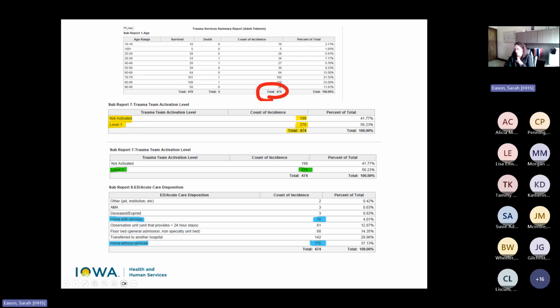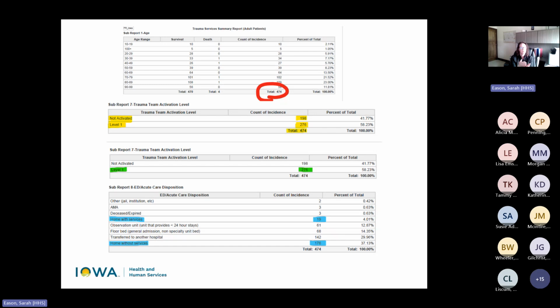Why do I need to look at all of this? Patients that met your activation criteria based on your trauma alert policy. So this is where your manual work comes in, and this is also why ImageTrend can't just spit out a perfect report to you, because every hospital on this call and throughout the state has their own trauma alert policy.